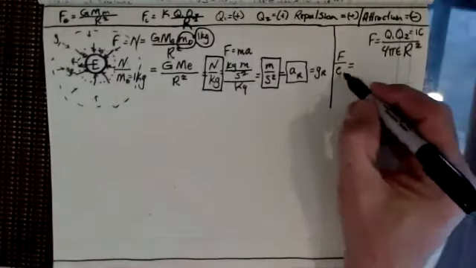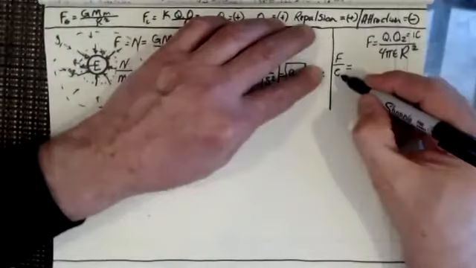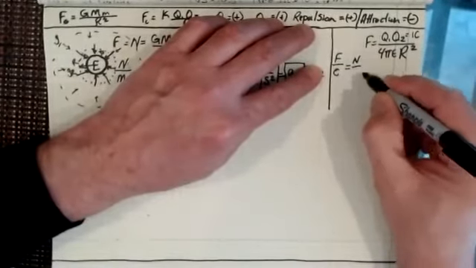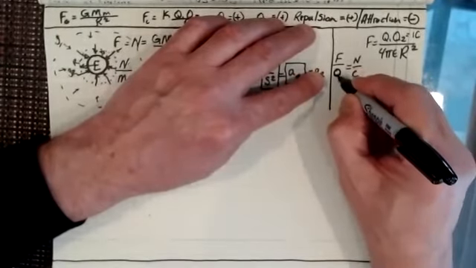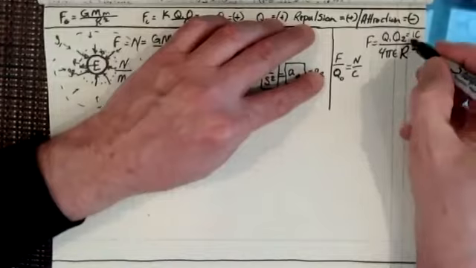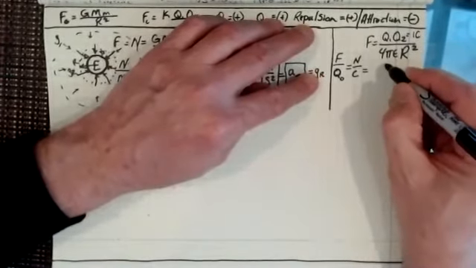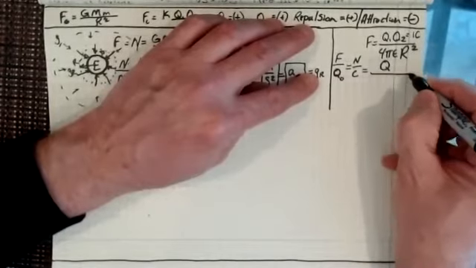And then I'm going to normalize it, and I'm going to say force per coulomb would be newtons per coulomb. I suppose I should put force per charge. Now put charge sub 0, because we're saying that's 1 coulomb. So newtons per coulomb would equal Q, whatever charged particle that we have.